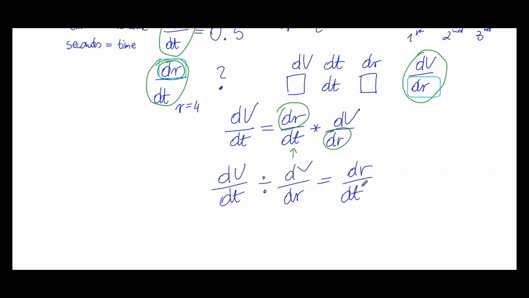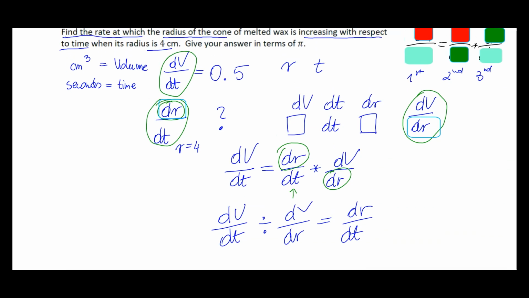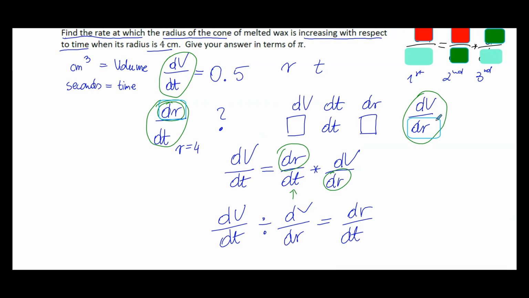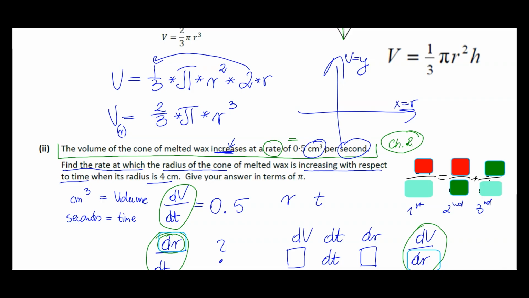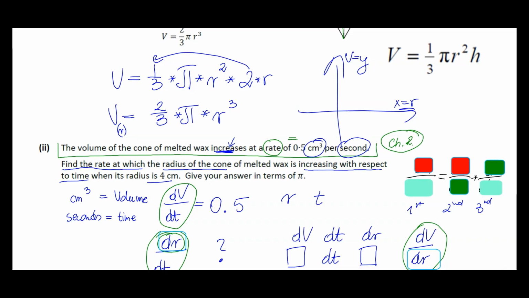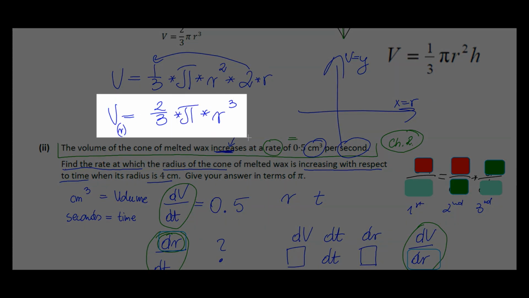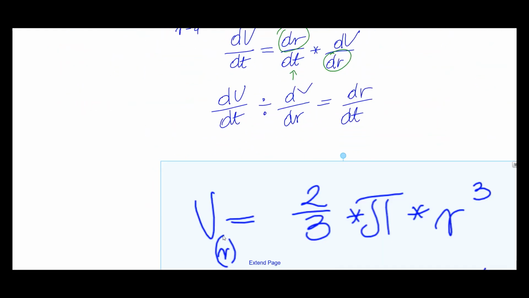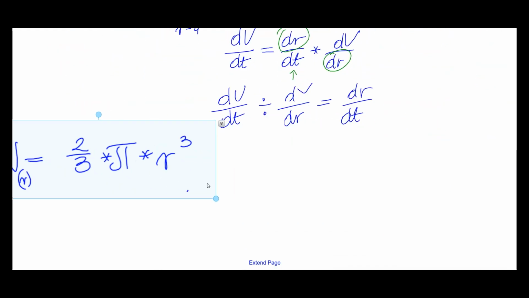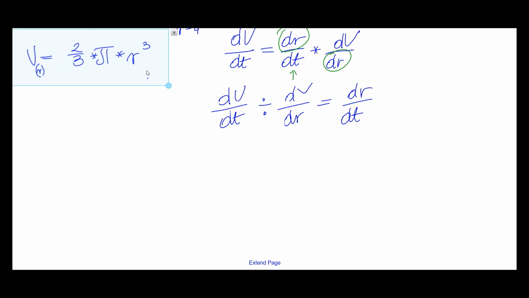Okay, so let's sub the values in. So we have dv dt, they gave us that's a number. We don't have dv dr, we need to create that, isn't it? That's our function. Let's just take that so that we can create derivative of that, so that we can sub that in.